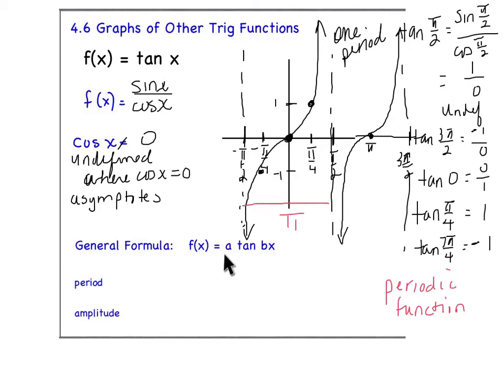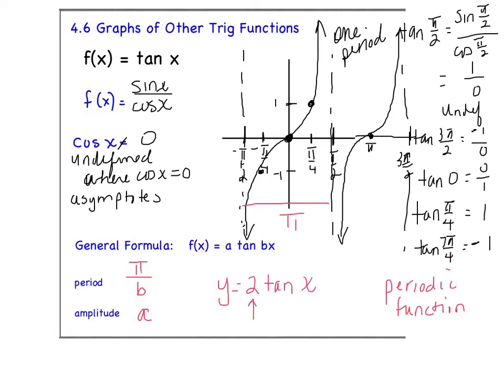So on here is the general formula for the tangent. A still controls the amplitude, and B is also going to be used like we did when we were doing sine and cosine, only the period is not 2 pi, it is pi. So the period will be pi over B, and the amplitude will be A. So y equals 2 tangent x.